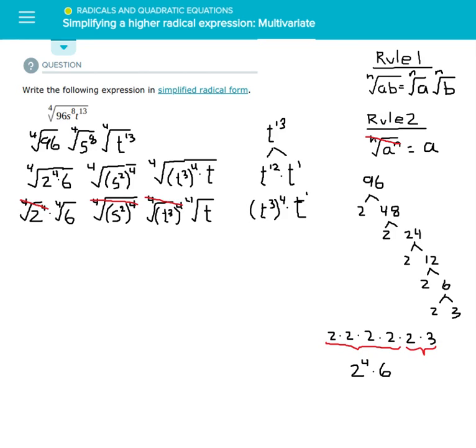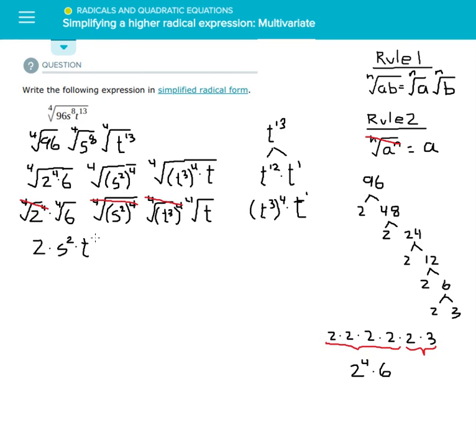So what have we done? We've rescued some things. This 2 just simplifies to a 2. And what else did we rescue? I'm going to write everything that we just rescued. S squared got rescued. It's no longer trapped inside of a radical. And this t cubed just got rescued.